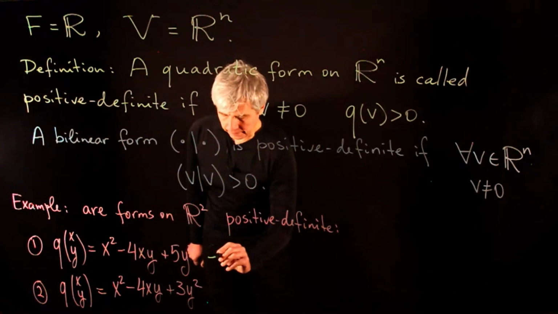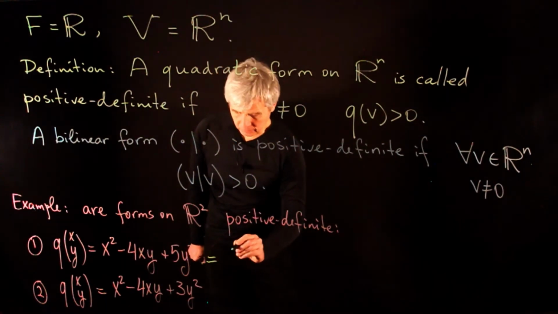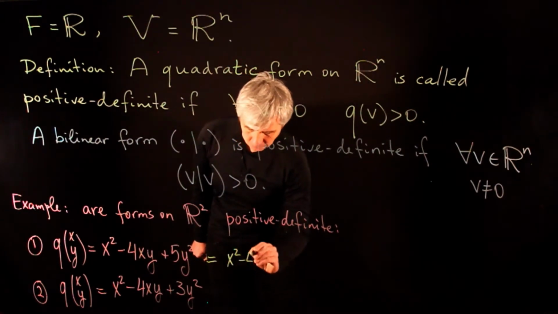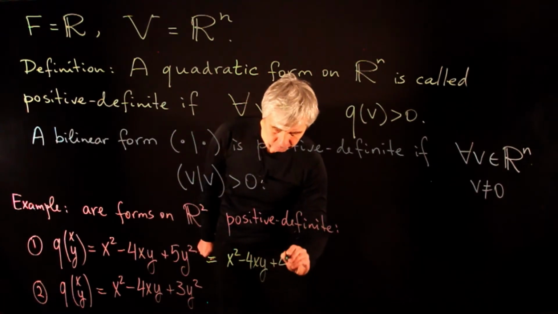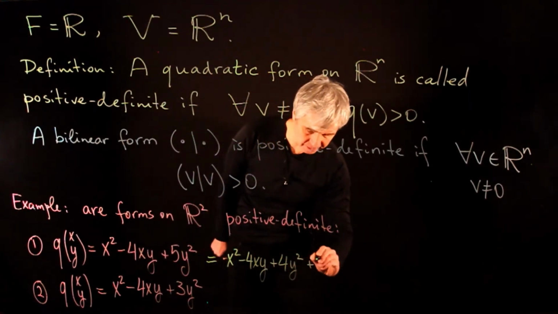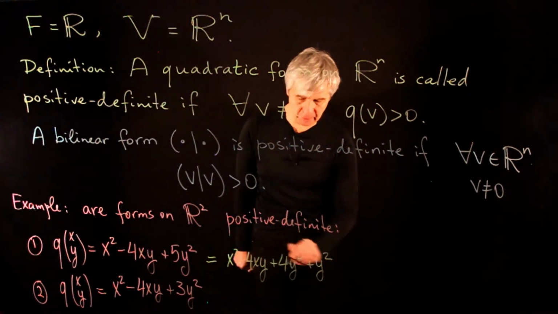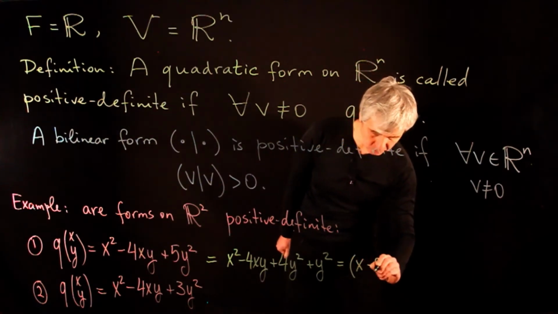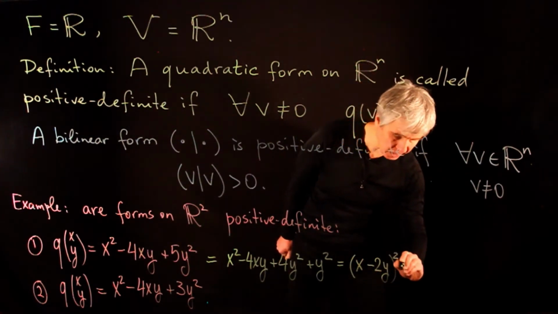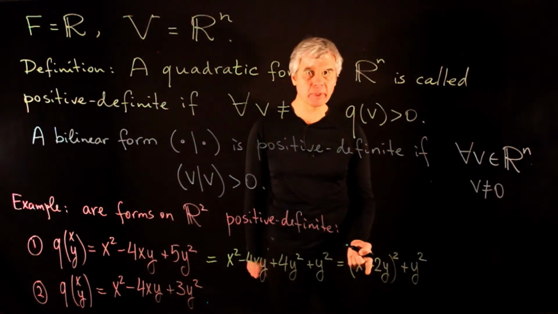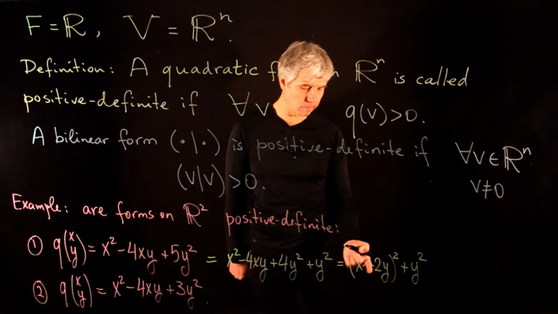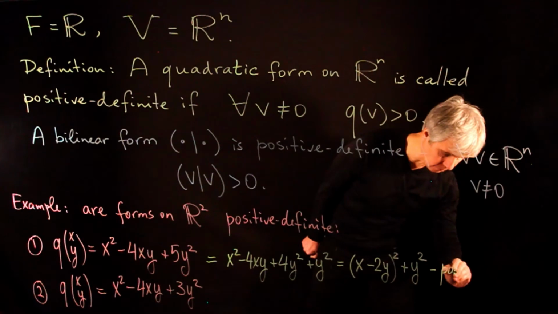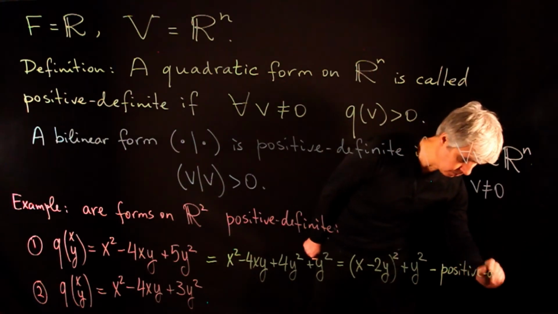The first form can be written in the following way. So we can write it as x squared minus 4xy plus 4y squared and plus another y squared, right? So we are doing the completion of a square here. So this is (x minus 2y) squared plus y squared. And because we succeeded in writing this form as a sum of two squares, we can easily see that this is positive definite.